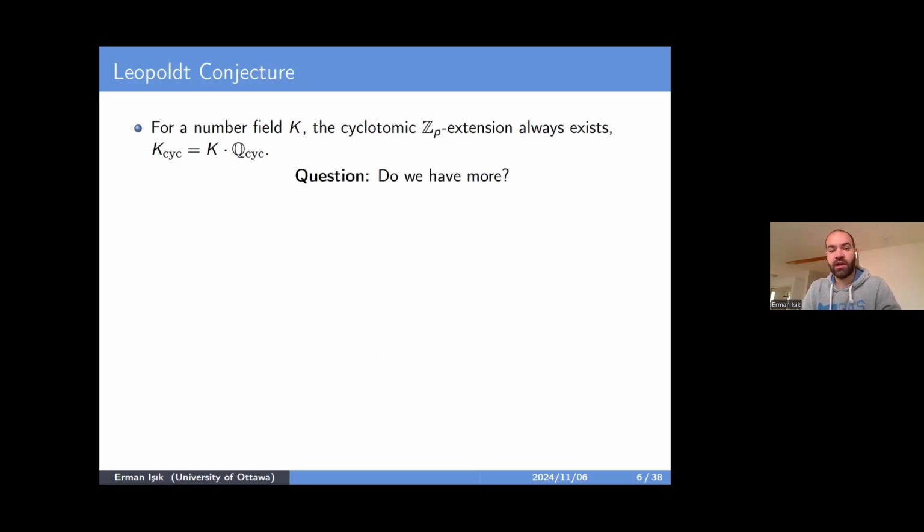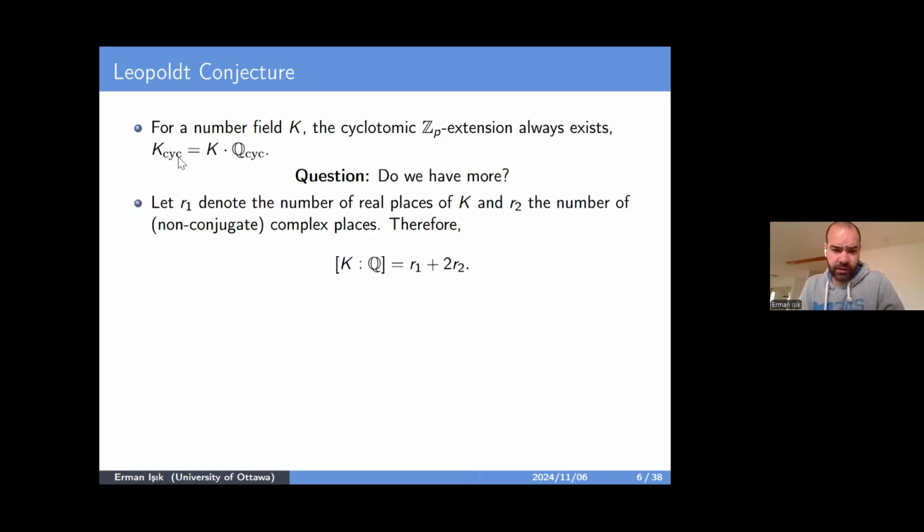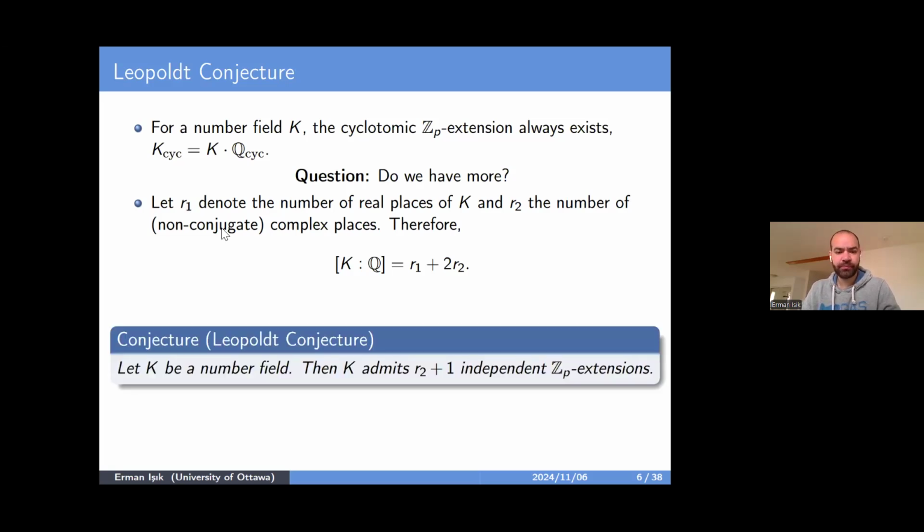And the question is now, do we have more? If we denote the number of real places by r_1 and the number of complex places by r_2, Leopoldt's conjecture predicts that the number of independent Z_p-extensions of K is actually r_2 + 1.